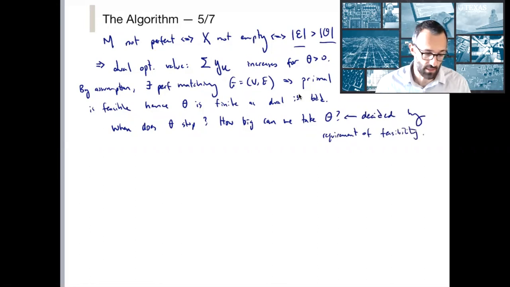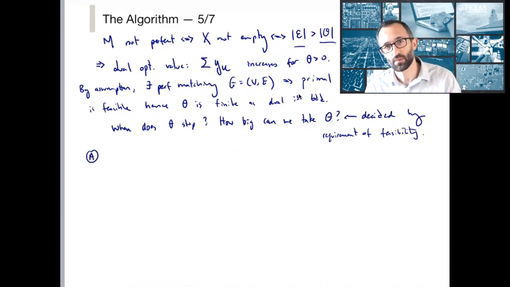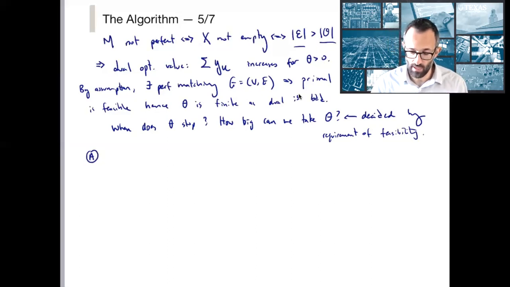And two things can happen. So some of the y's are increasing, some of the y's are decreasing. Remember now that one of our constraints is that for every u that has cardinality 3 or more, and of course is odd, we're only talking about those, yu has to be non-negative.